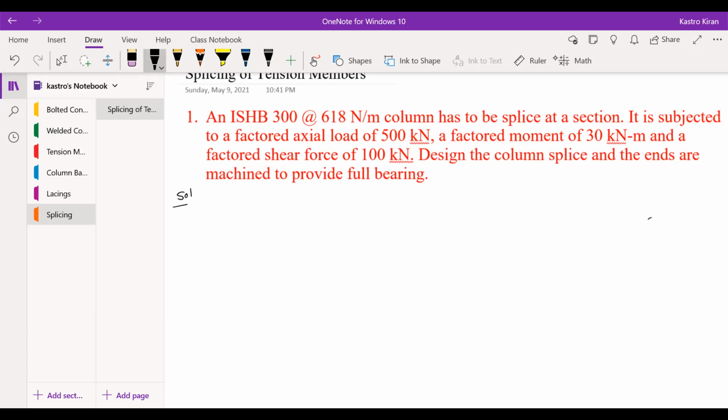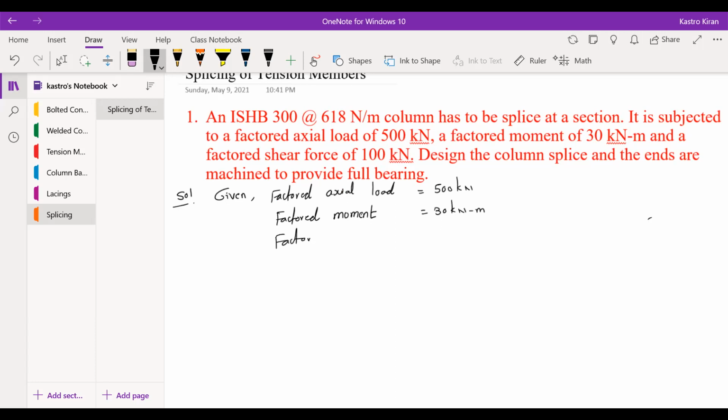So the solution goes in this way. Initially, let's write the given data which is provided for us. Given, the factored axial load equals 500 kilonewtons, and factored moment or factored bending moment, anything the same, factored moment equals 30 kilonewton meter.